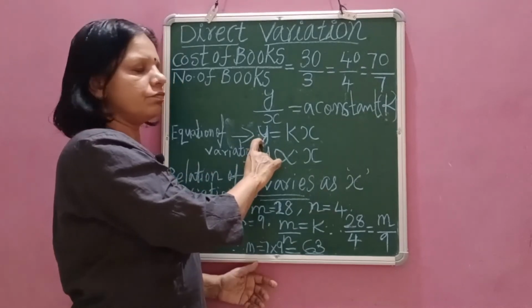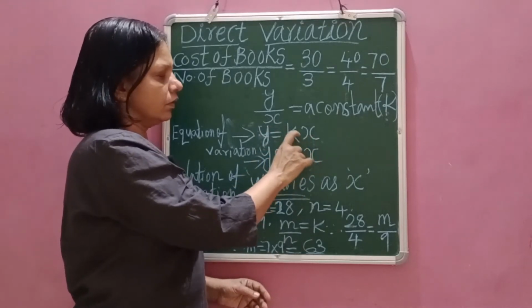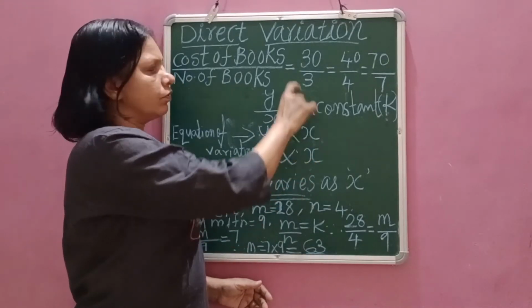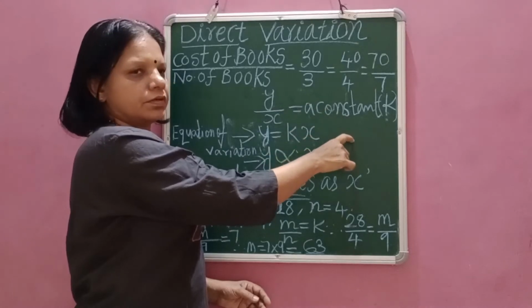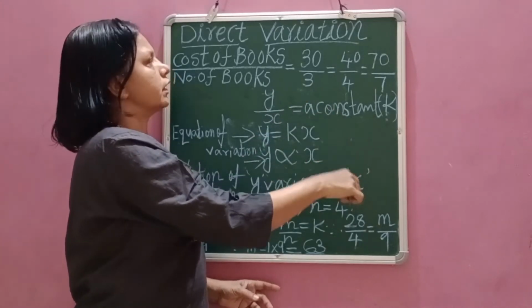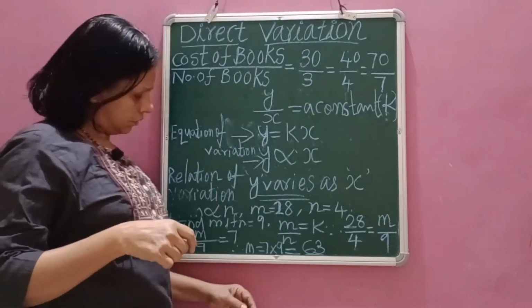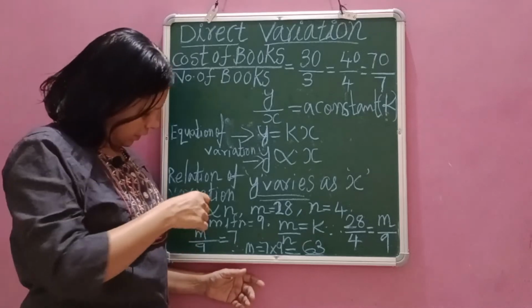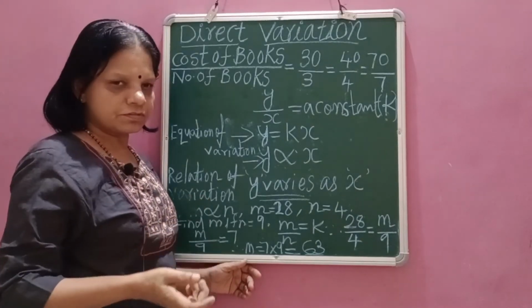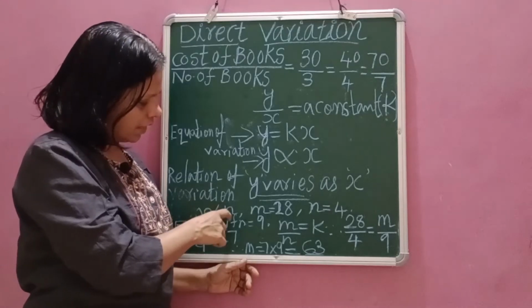And equation of variation is y equal to k into x. How did you get it? Because the ratio of the two quantities will be a constant in the case of direct variation. Clear? So there can be questions given that m varies as n.